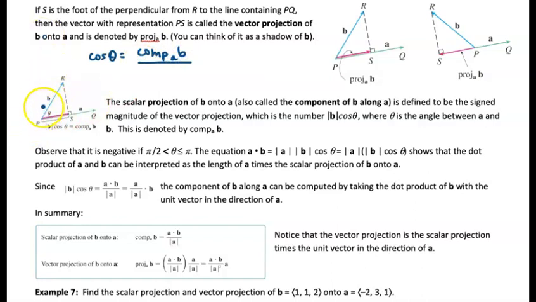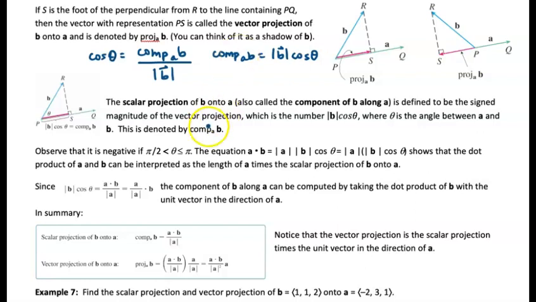And the length of this hypotenuse is just the magnitude of this vector B. And now by multiplying this magnitude of B to both sides, we can get that the component of B onto A is equal to the magnitude of vector B times the cosine of theta.